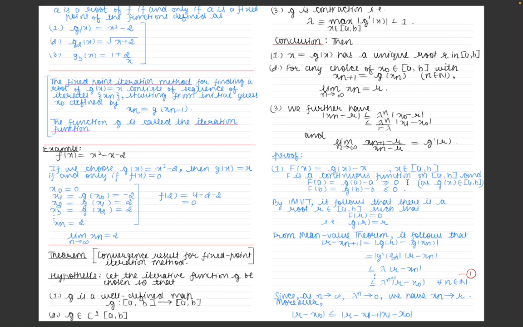Number one, g is a well-defined map from [a,b] to [a,b], which means you have to fix a closed interval such that g is a self map.